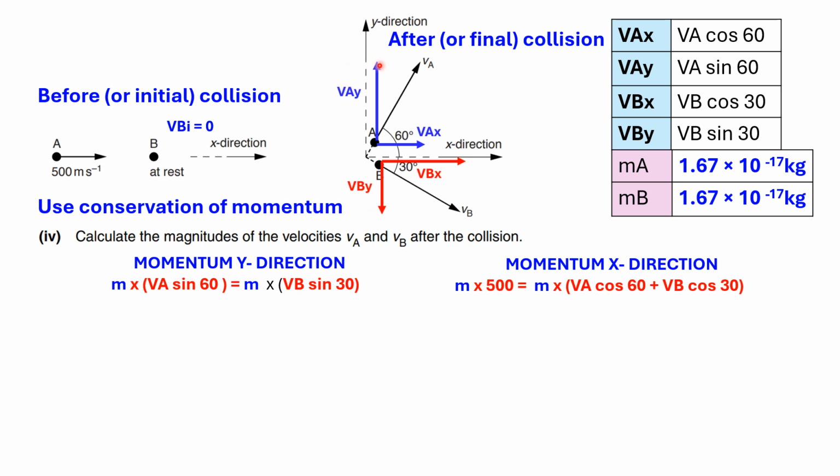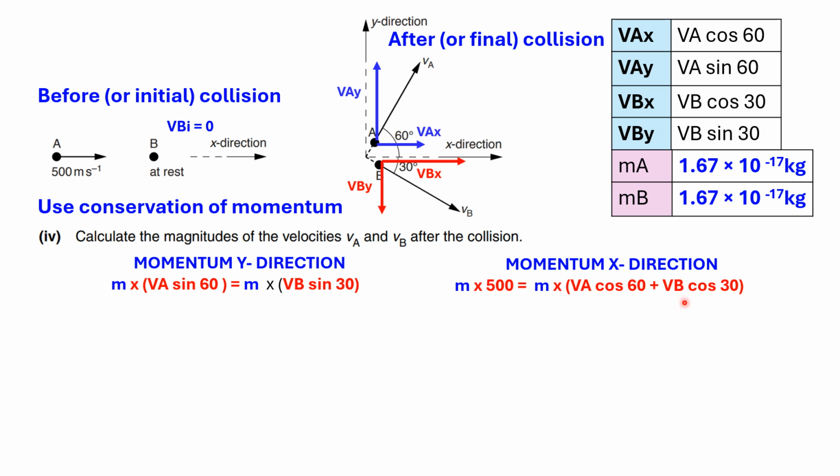In the y direction, the momentum is the mass of particle A times the component VAY, which is VA sine of 60, right here in this data table. And the momentum in the y direction, but downward, is m, the mass of particle B, times the vertical component of B, which is VB sine of 30.